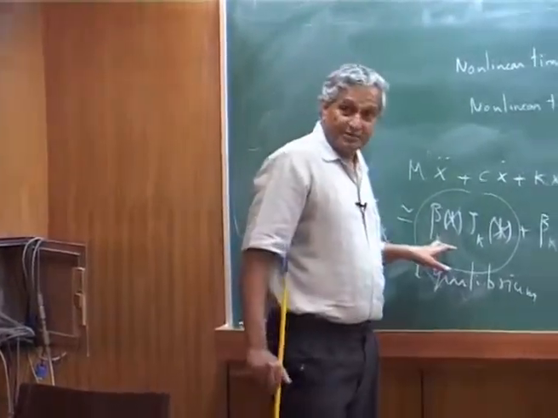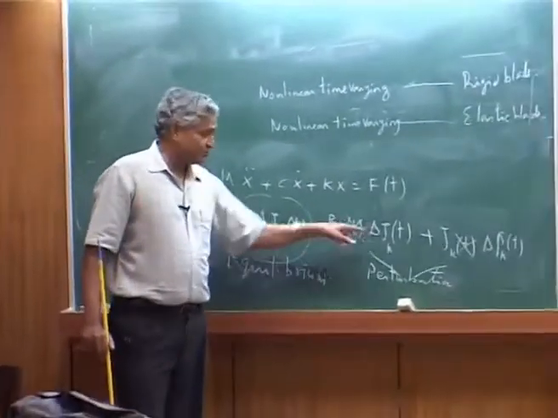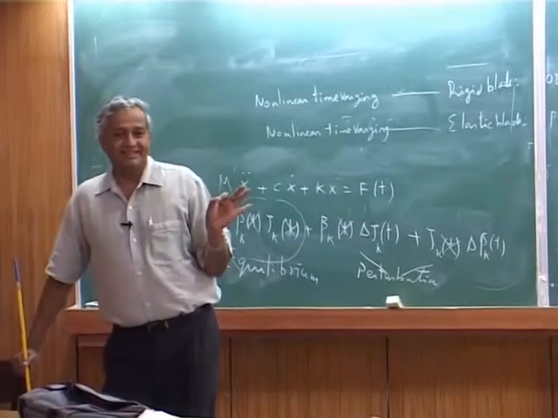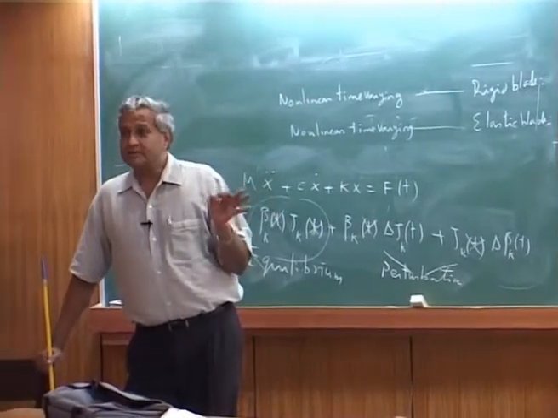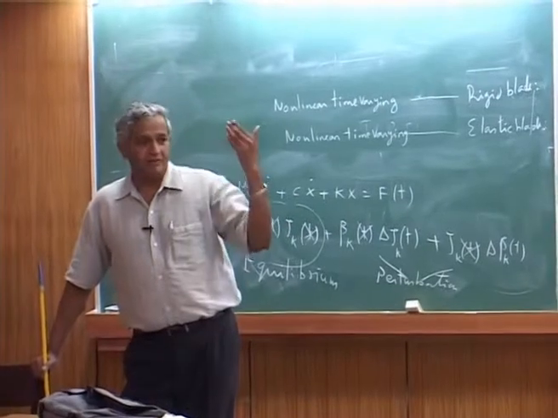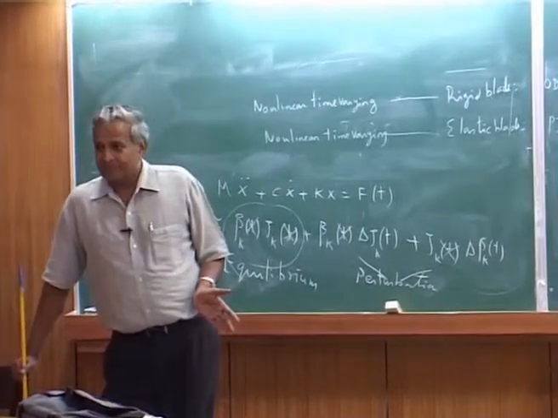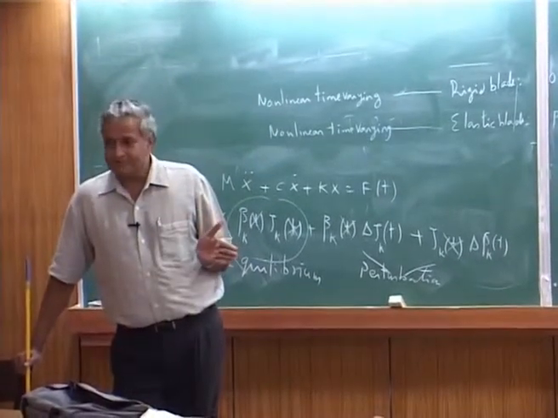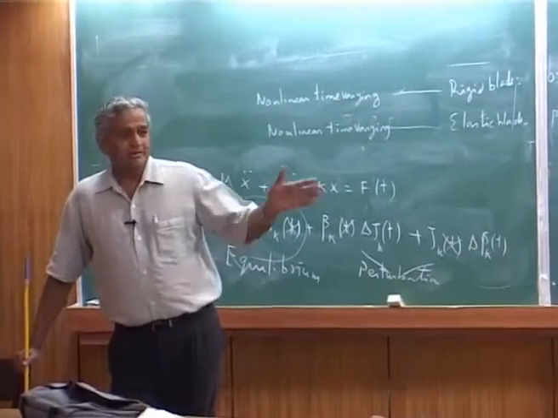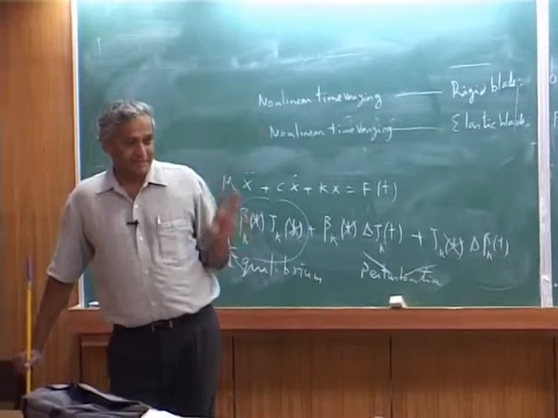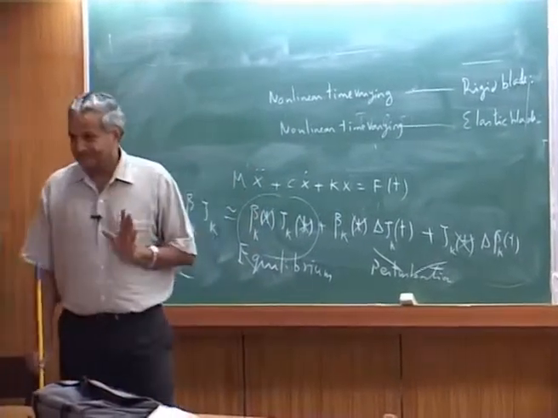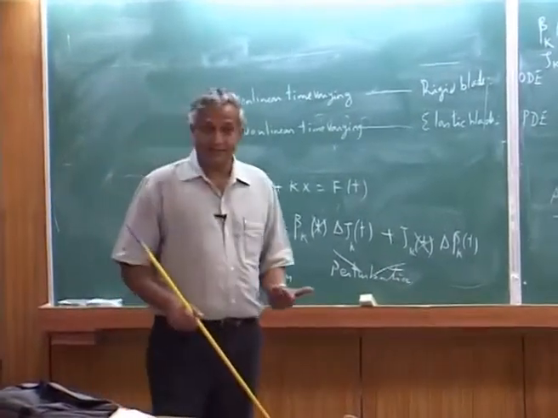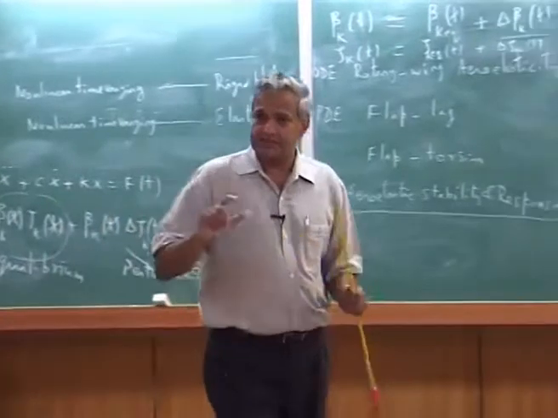Once you know what the flap deflection is and what the lag deflection is, you substitute here, and you will have a linear stability equation with constant coefficients, and you solve for eigenvalues. Because you know the matrix algebra, solve for the eigenvalues, and you will get the stability results. This is the general procedure, and this is consistently followed, whether you do all this calculation numerically or by hand.